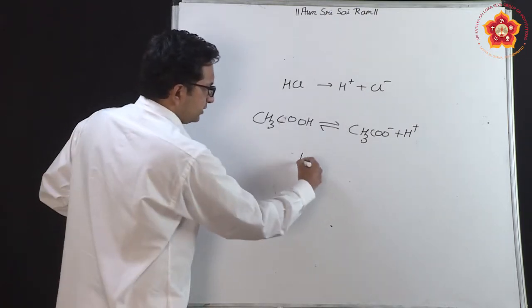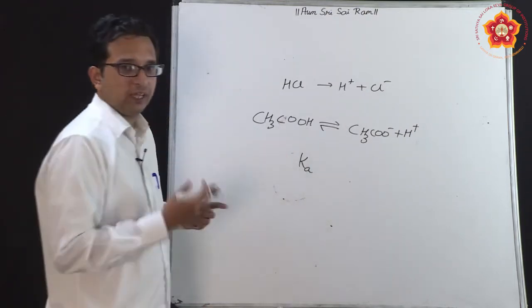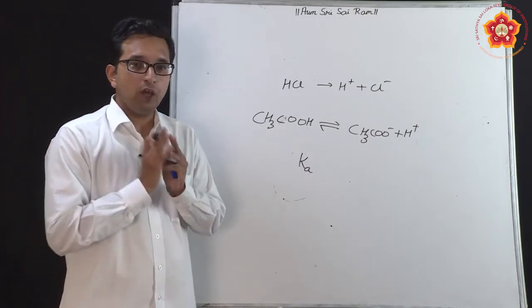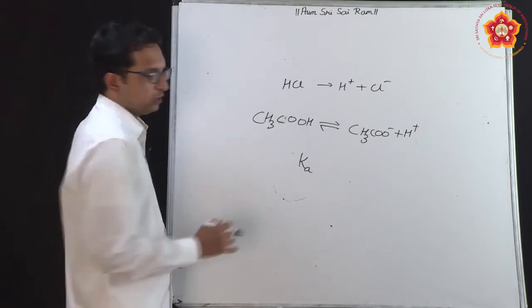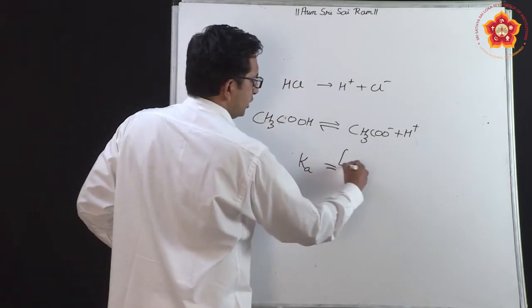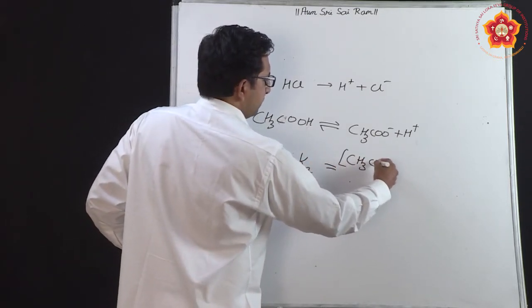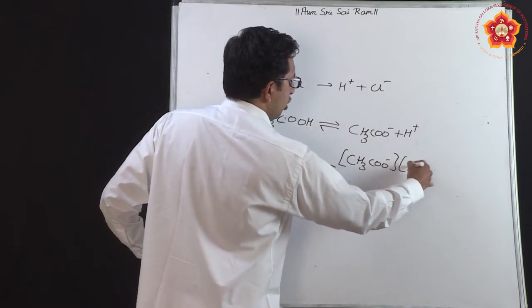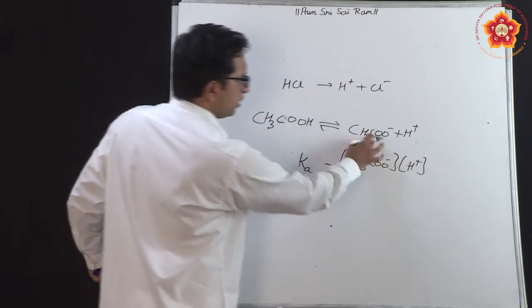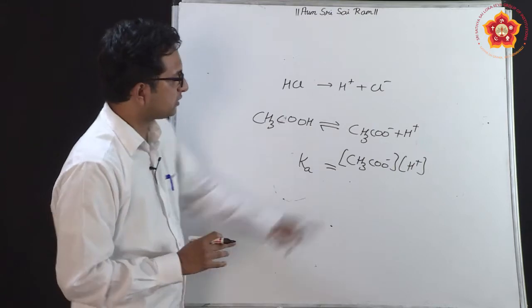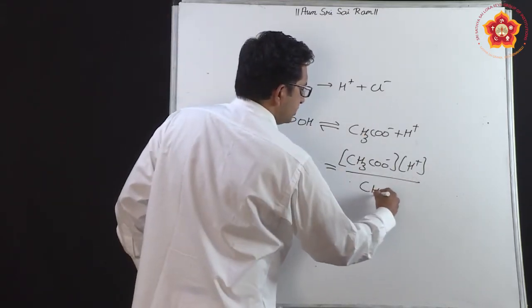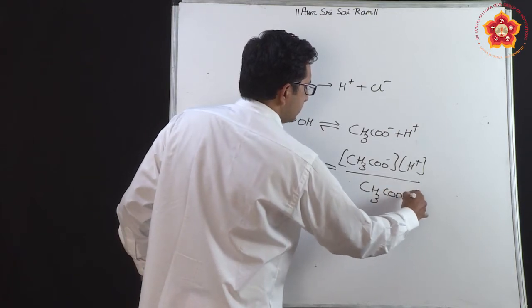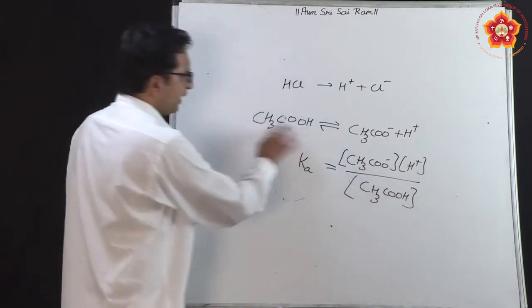Now, we write the equilibrium constant for this, Ka. This is something you studied in the first year equilibrium chapter, where for a reversible reaction the dissociation constant is equal to the concentration of products divided by the concentration of reactants. Here my products are the CH3COO minus ions and H plus ions, divided by the concentration of the reactant, and I only have one reactant.